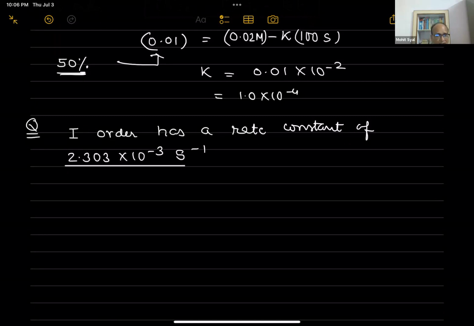The units of K, you can see if it is given, it is first order. If it is not given, you should not bother. Sometimes, most of the time, it is not given. So you can find it out. Keep an eye on this, right?